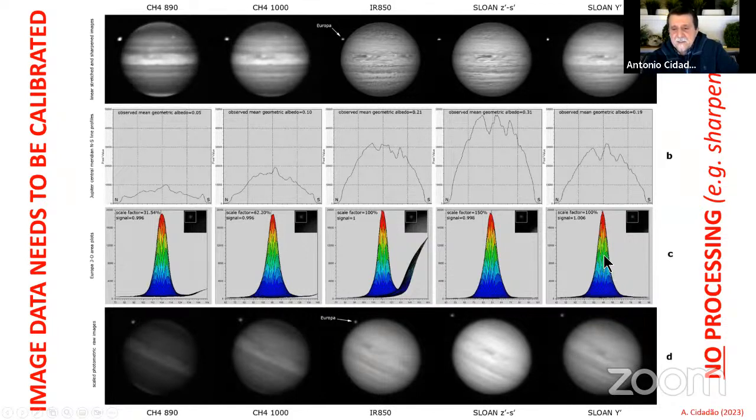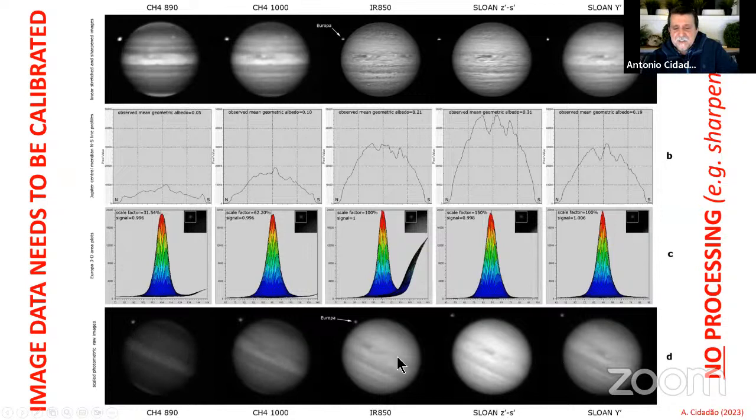The reality is that when we calibrate, for instance, for the albedo of a Galilean satellite, in this case Europa, for which I had the help of Christophe, whom I thank, the result and the reality is completely different.